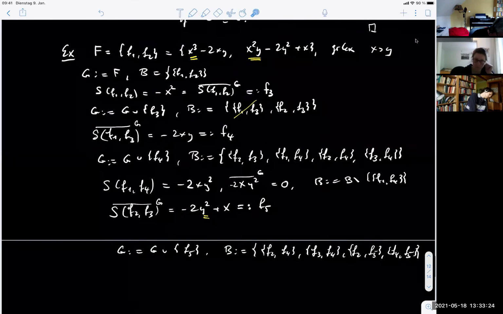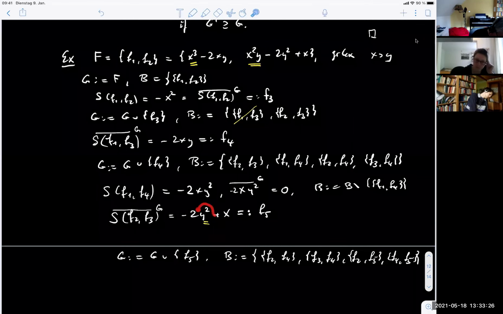But you see, the f5 has this y squared. And the other ones, for instance, if I would look at f1 and f5, I see the leading terms are coprime, so I don't have to add it. The reason I only add these two combinations with f5 is because the other combinations would have coprime leading terms, so I don't have to add them.